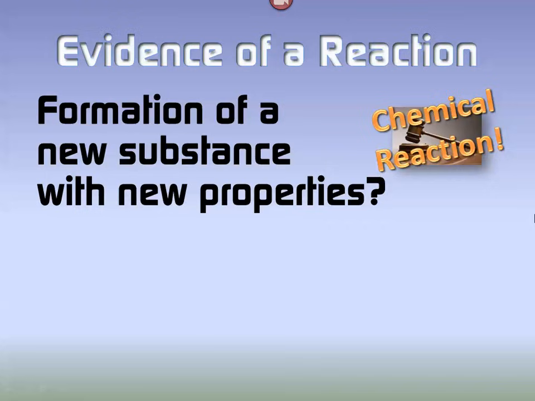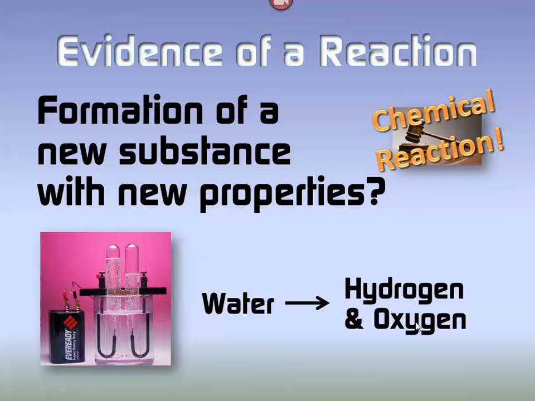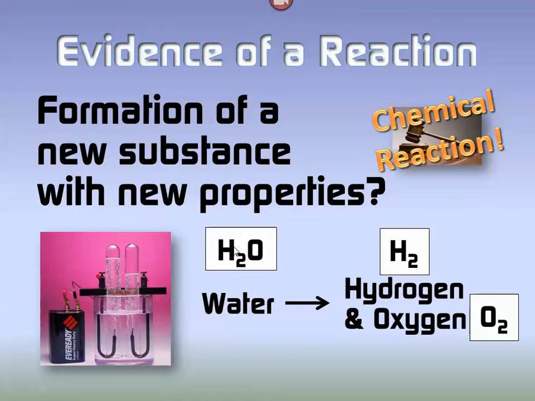On the other hand, if you take water, for instance, like we did in class a while back, and you separate it into two separate gases, in other words, you break apart the water molecules, you take water and you separate it into hydrogen and oxygen, creating two new substances, hydrogen molecules and oxygen molecules.